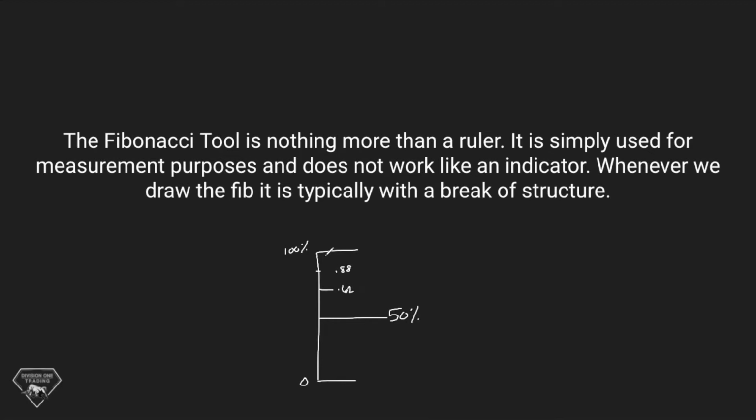We use this to measure a move. Like I said, this would be the high. If it was a down push, this would be the low. The price was here, moved to here. Then we would be expecting a return up into that 62 to 82 and then a sell-off.